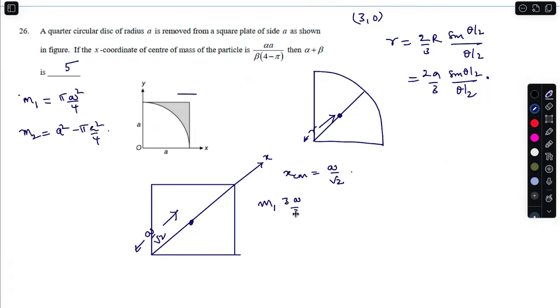2a by 3 times, theta is 45 degrees, 90 degrees actually. Means this is 45, 1 by root 2, by theta by 2, pi by 4. Right.